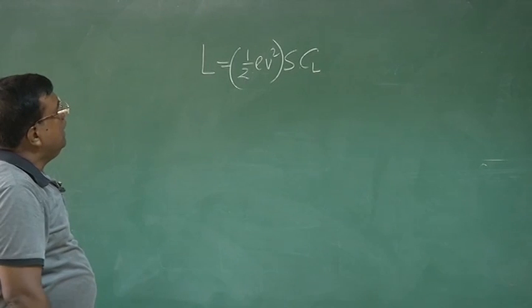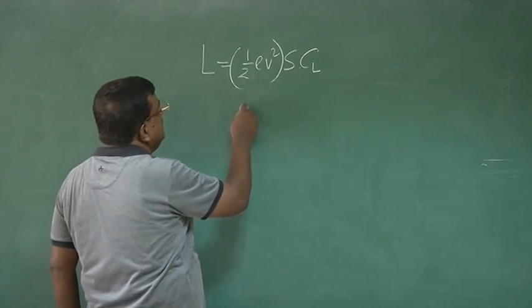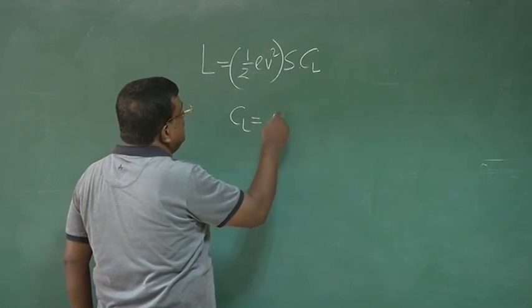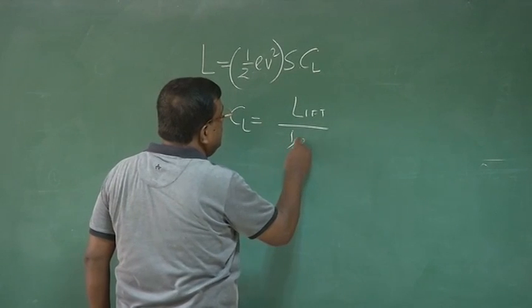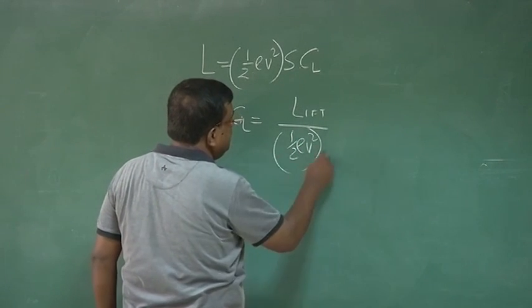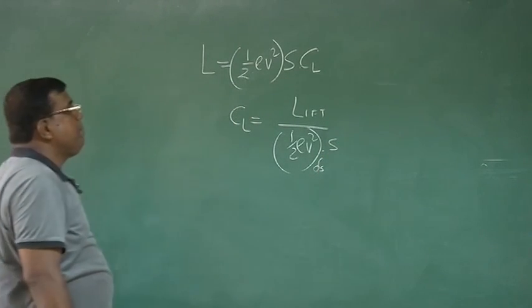And CL is basically lift by half rho v square, which is the free stream, into S, which is wing area.